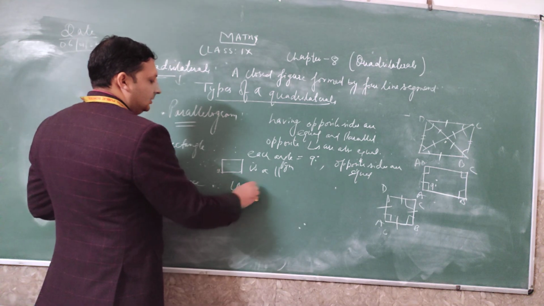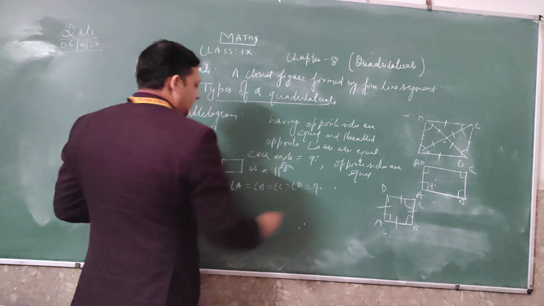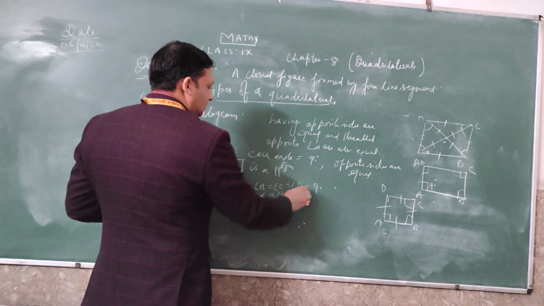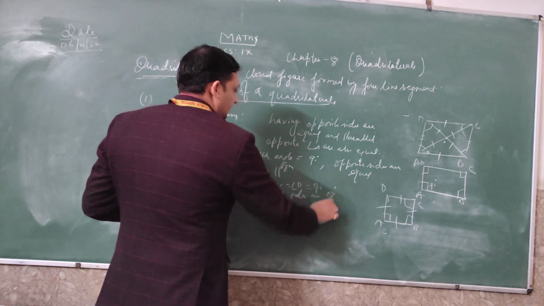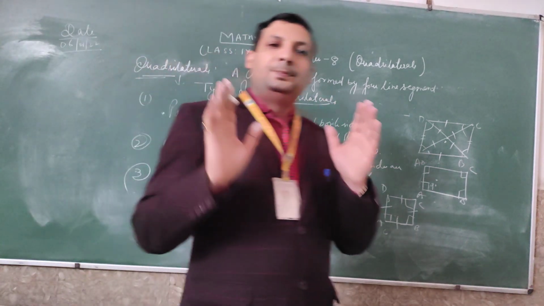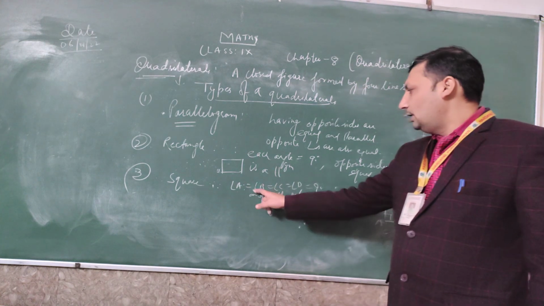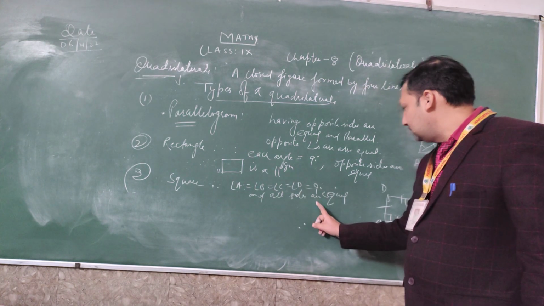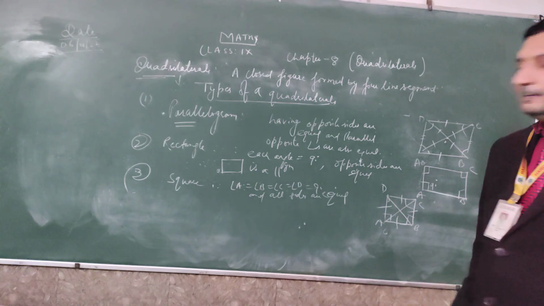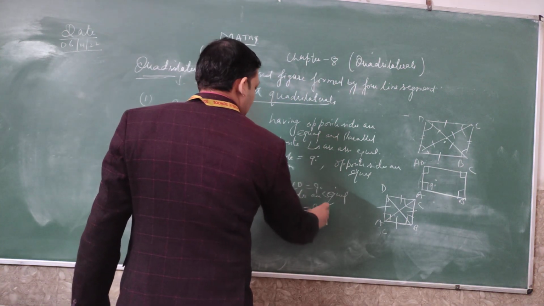Again angle A equal to B equal to C equal to D, all angles 90 and all sides are equal. So what I have told, in a quadrilateral having all angles equal to 90, all sides are equal and diagonals will be equal. It means AC equal to BD.